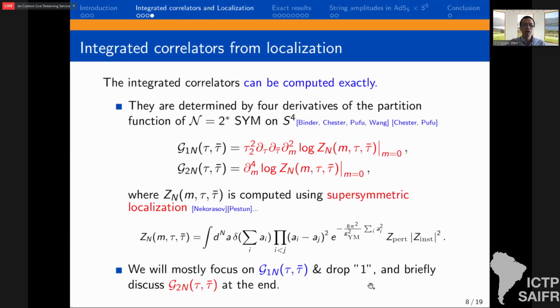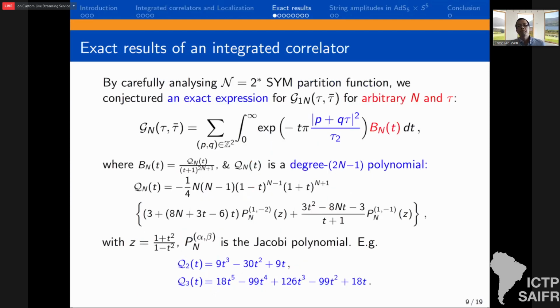In my talk, I will mostly focus on the first integrated correlator. Towards the end, I will briefly comment on the second integrated correlator.